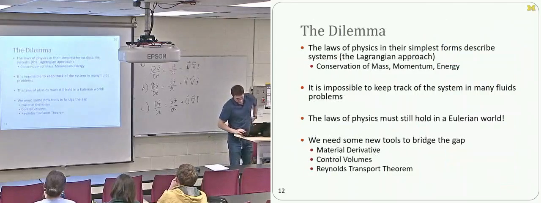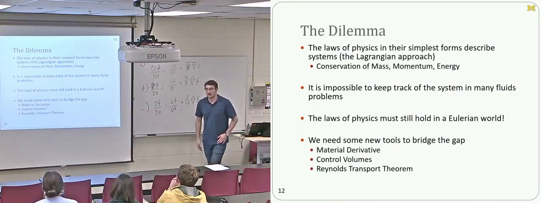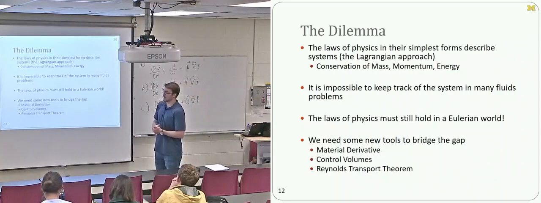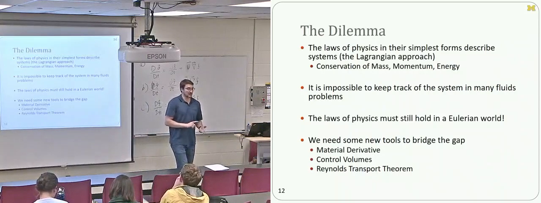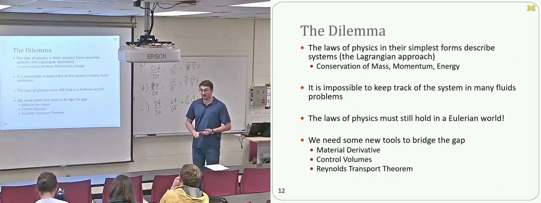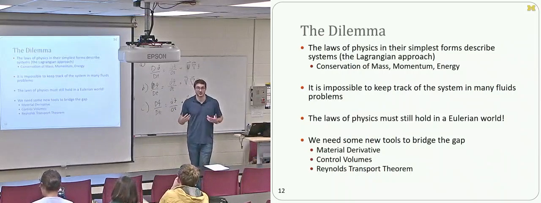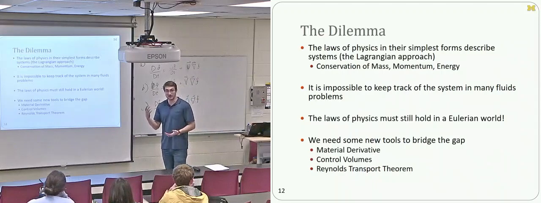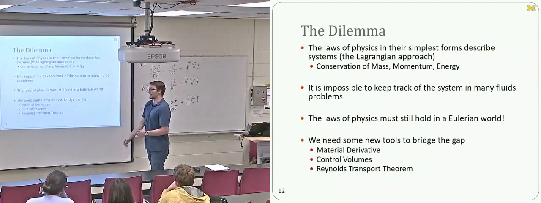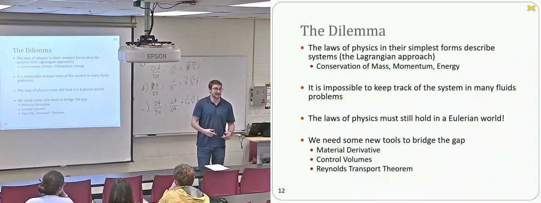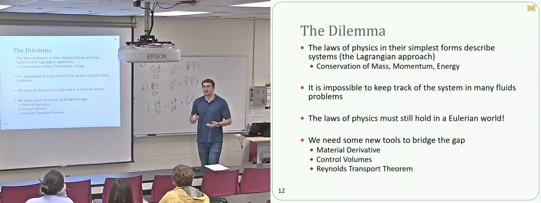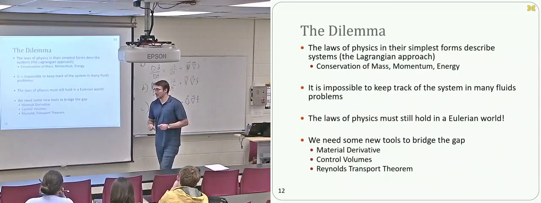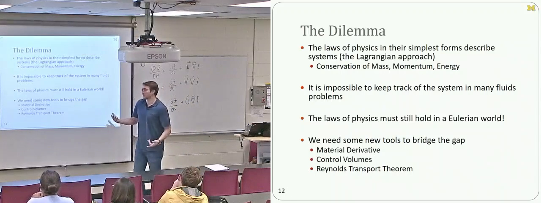So, here's the problem. All of our nice laws of physics, things like F equals ma, conservation of mass, and so on, are all written for a Lagrangian frame of reference. Think back to any physics classes you've taken. If you're dealing with a trajectory of a baseball, or with statics, it all has to do with loads, forces, and responses of individual particles. You've never had to deal with having too many particles to actually keep track of.